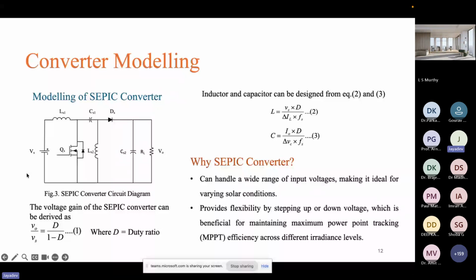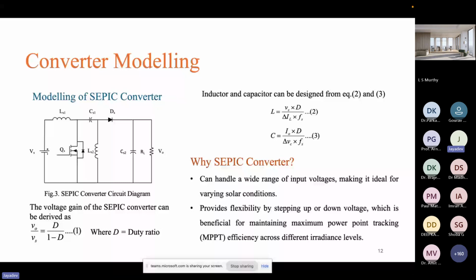But designing the parameters LS1 and LS2 is very crucial for this operation. So how do we design it? First, we use equation 2, which gives the inductor in terms of ripple inductor current and the voltage.